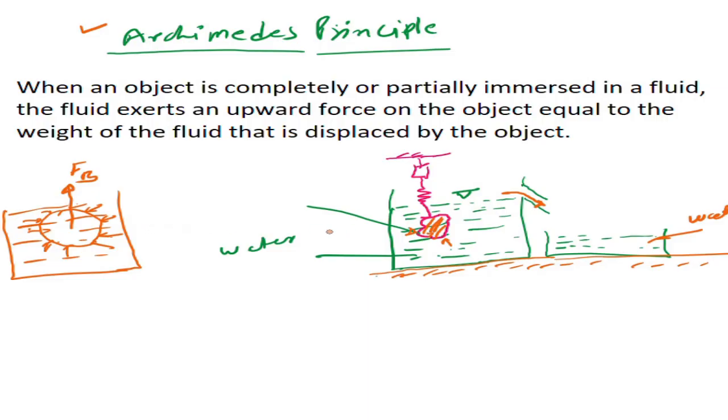But experimentally, how do we calculate this force, how much force the liquid exerts on this object? This is the object. We hold this object with a spring mass system, so in air we can read its weight.